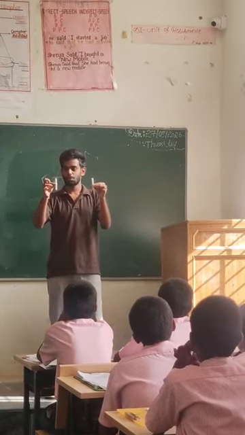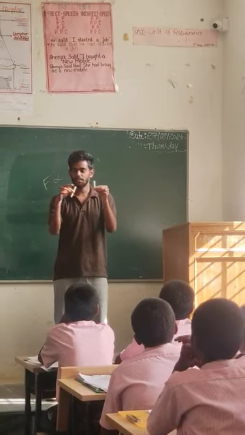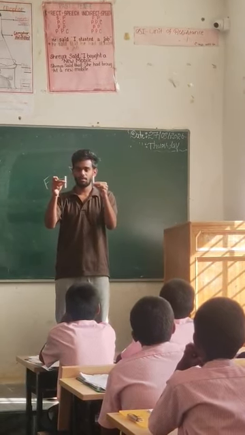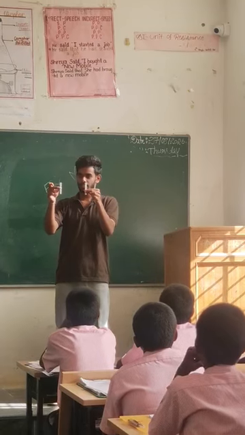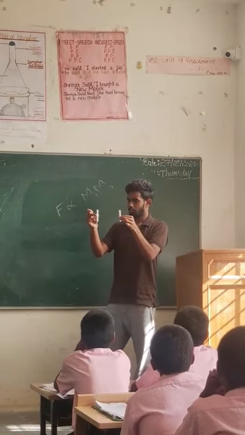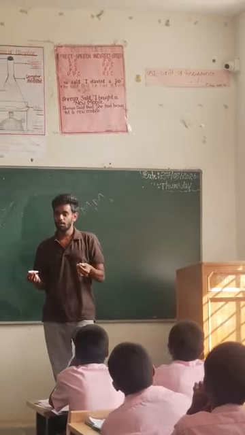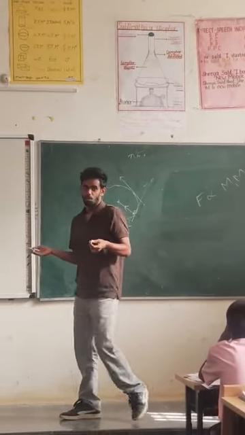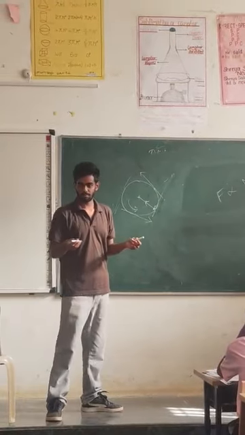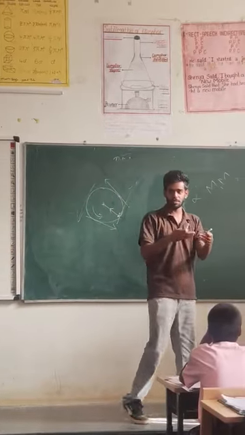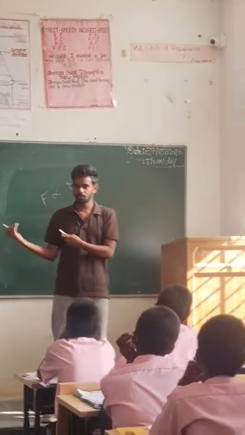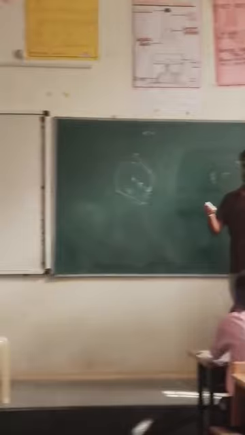See these two objects. The distance between them is approximately 10 centimeters. Assume 10 centimeters. In units, we measure distance in meters, not centimeters, so you convert centimeters to meters and then apply the formula.